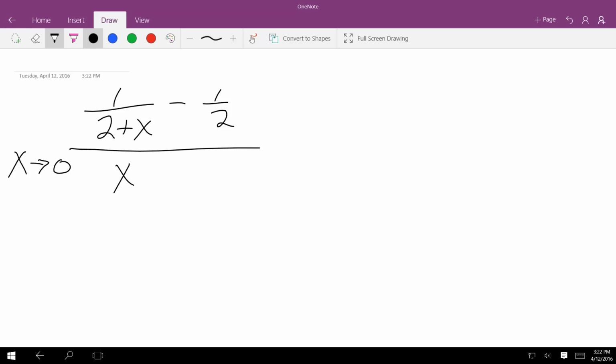Notice that we get 0 over 0. This is one of the stranger ones. You're not going to solve this by factoring, but you can solve it by performing the subtraction in the numerator. In other words, how do I do 1 over 2 plus x minus 1 over 2?